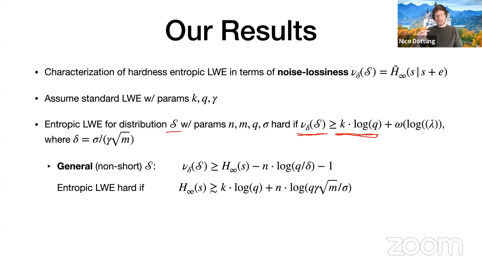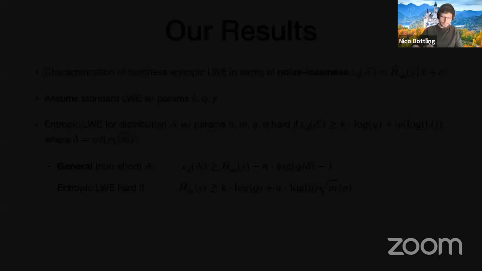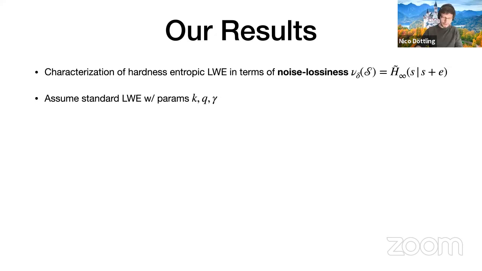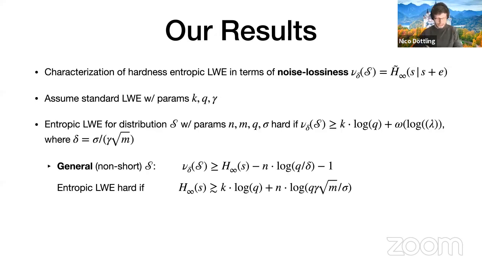And instantiating this with general distributions, we will find that the noise lossiness of general entropic distributions is the min entropy of the distribution minus this term n log q divided by delta.